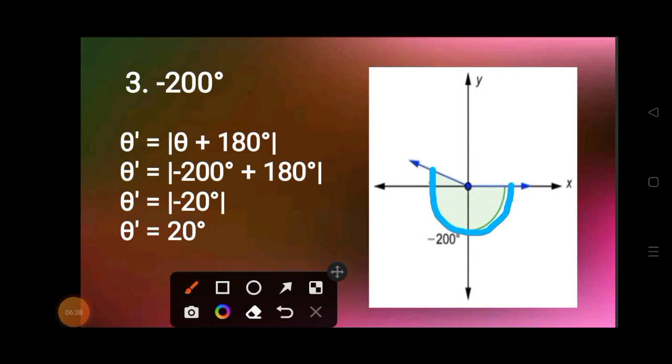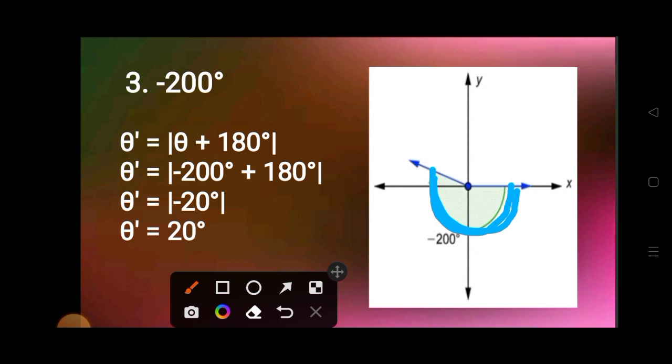The direction of the angle is clockwise because it is negative. So we will put an absolute value. So we have reference angle is equal to the absolute value of standard angle plus 180 degrees.